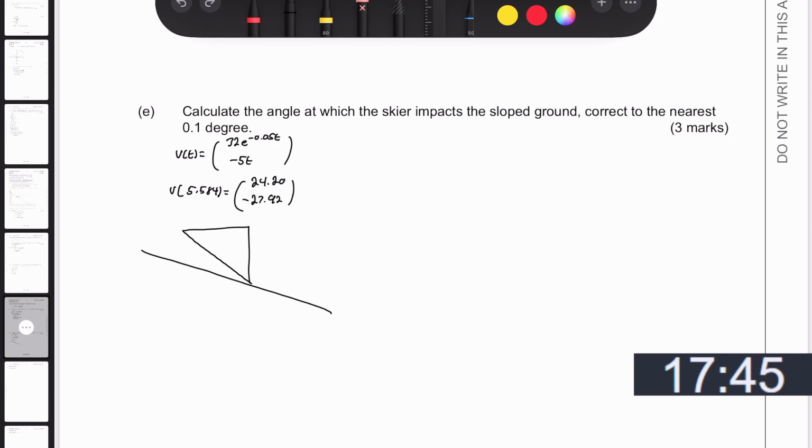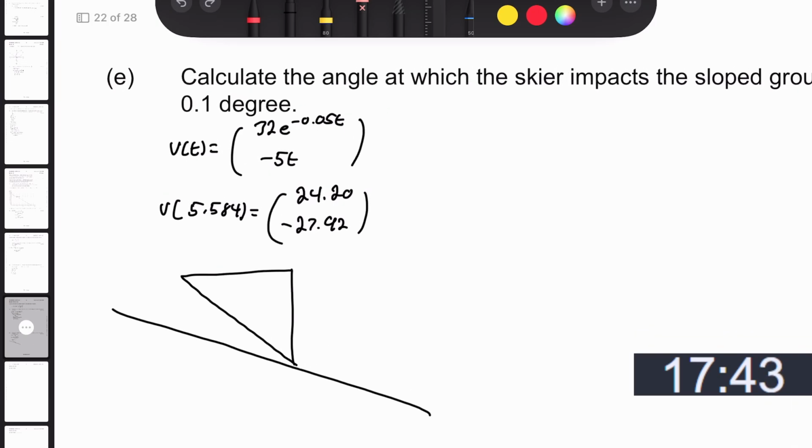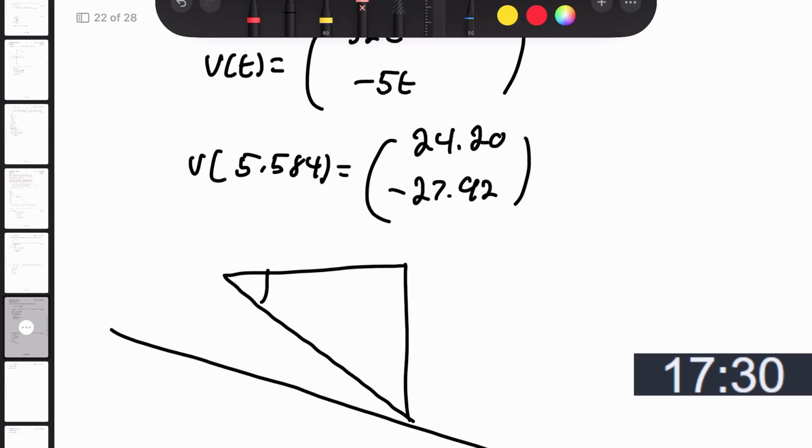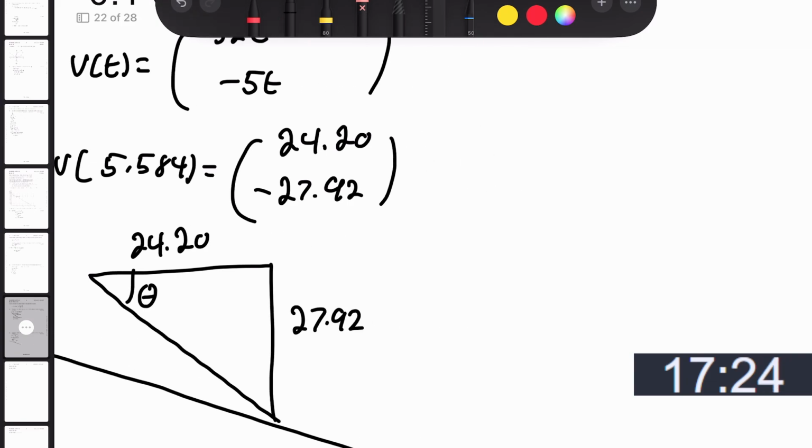Calculate the angle at which the skier impacts the sloped ground. I guess it would be that one. So this is theta, and then this is 24.20 and 27.92.